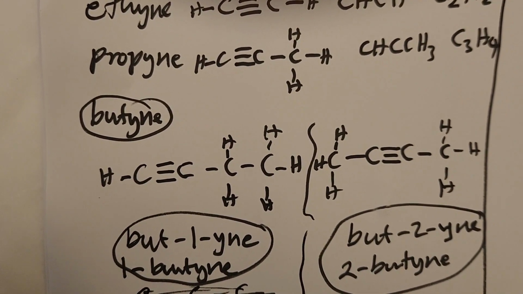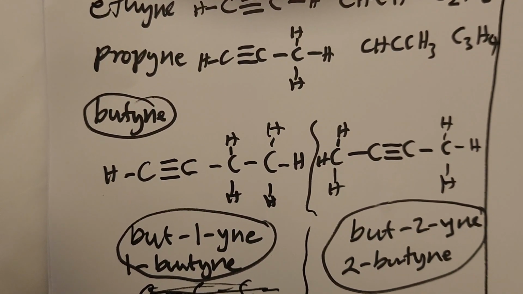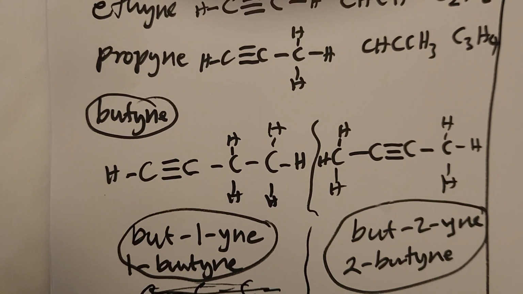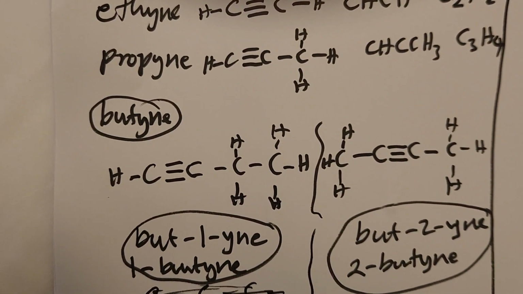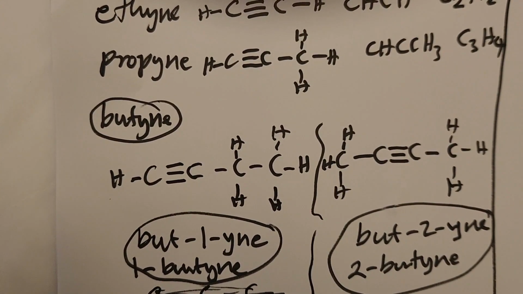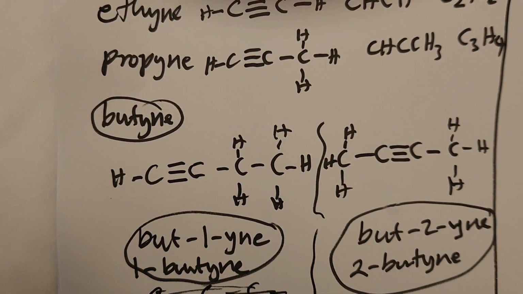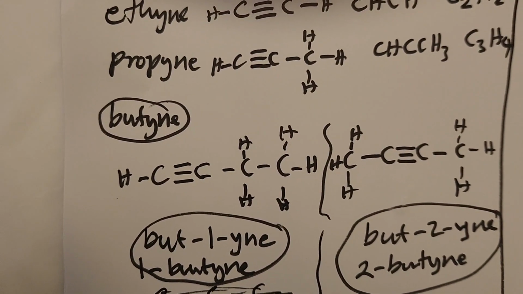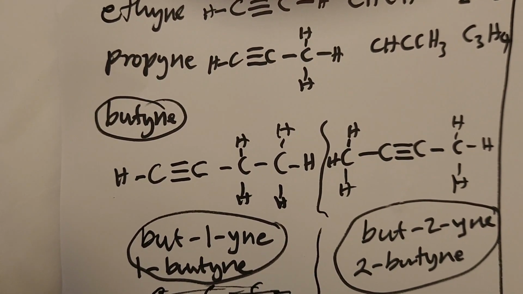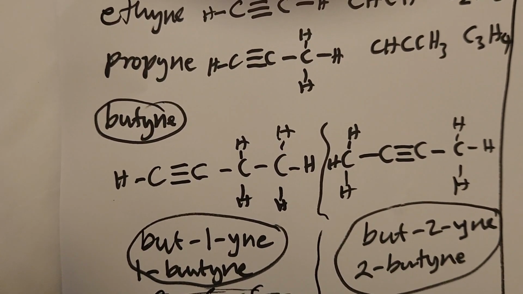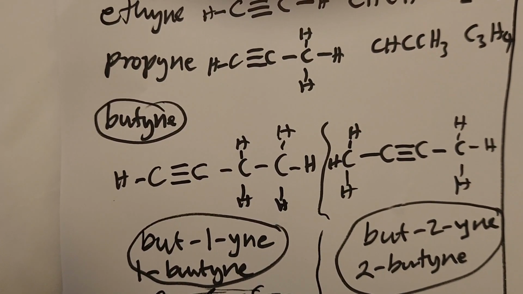And then in terms of the condensed formula, the first one will be CH, C, CH2 and CH3. Or the second will be CH3, C, C, and then CH3.